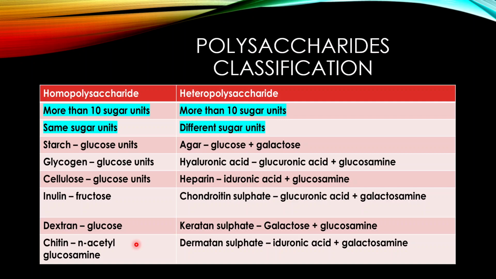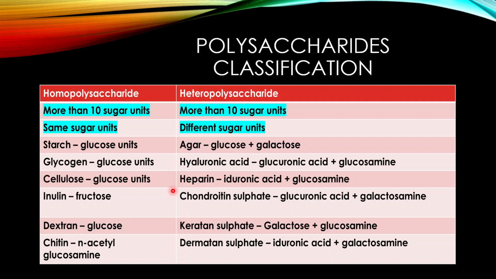Now if you look at heteropolysaccharides, the simplest example is agar, which is made up of glucose and galactose, and it's a nutrient medium for growth of organisms for investigation purposes. Next we have hyaluronic acid, heparin, chondroitin sulfate, keratan sulfate, and dermatan sulfate.